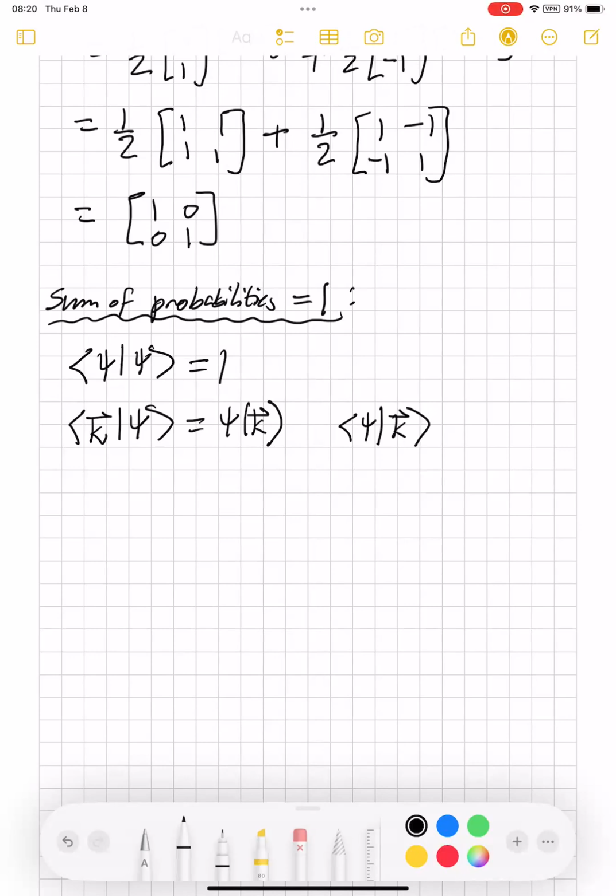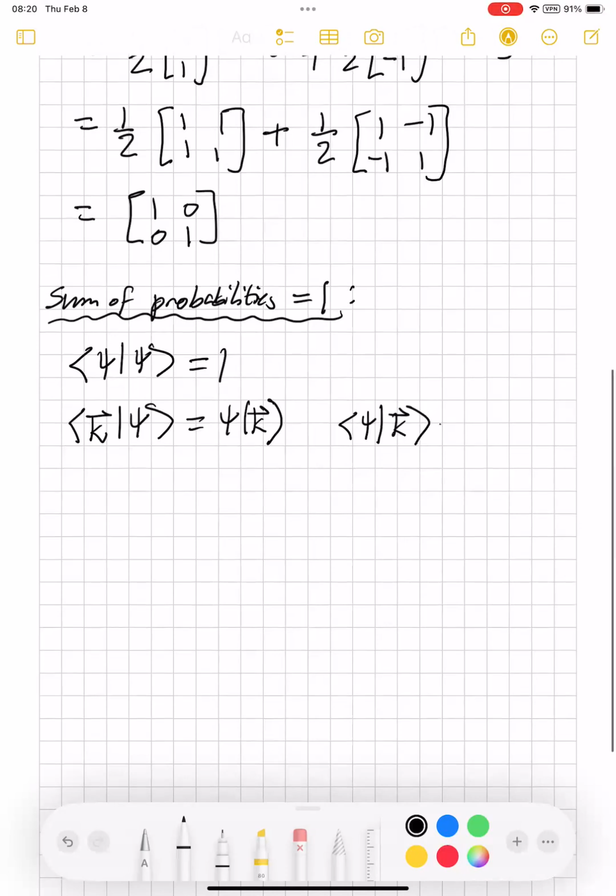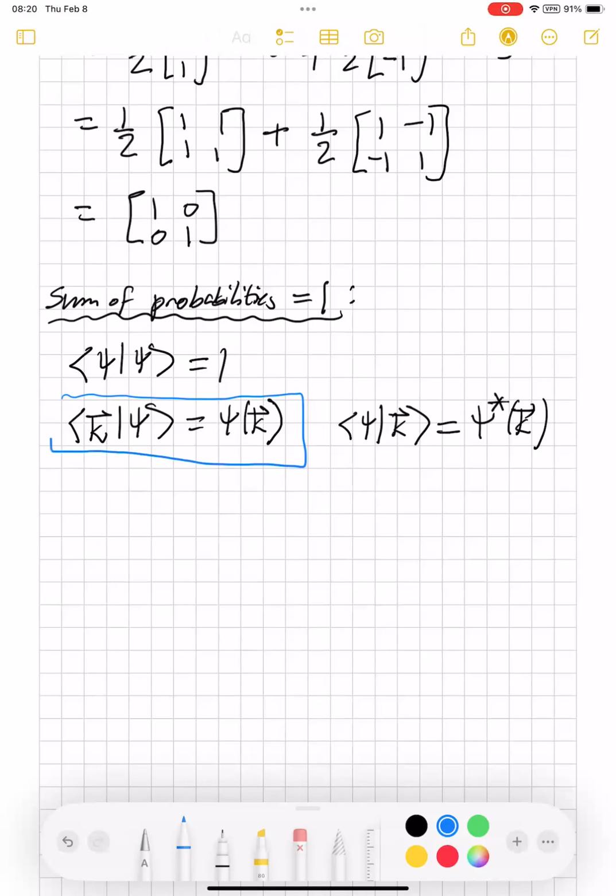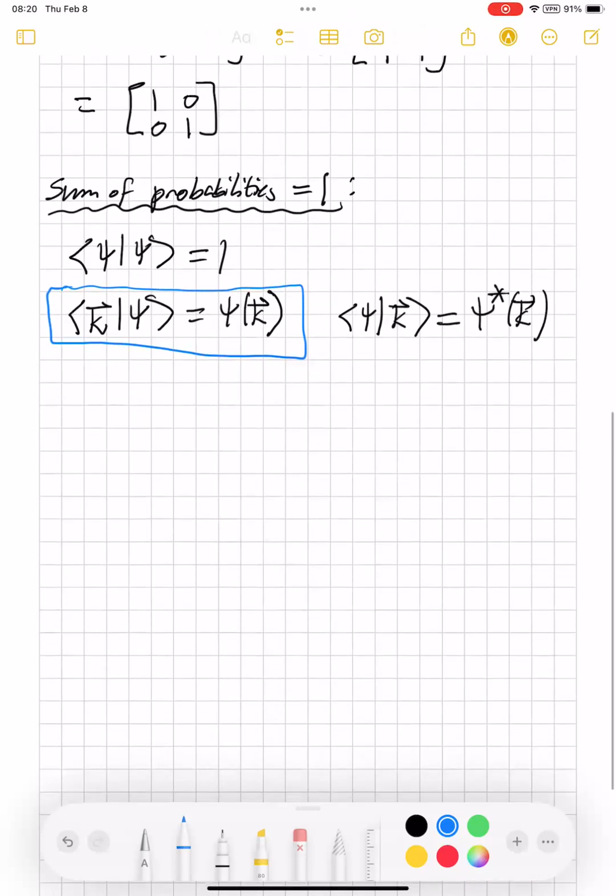So that's the result of taking the dagger. And on a normal function, all that dagger does is take a complex conjugate of the function. So those are the two relations that we have. This first relation is a definition of what we mean by the wave function in momentum space. The second relation followed by daggering.